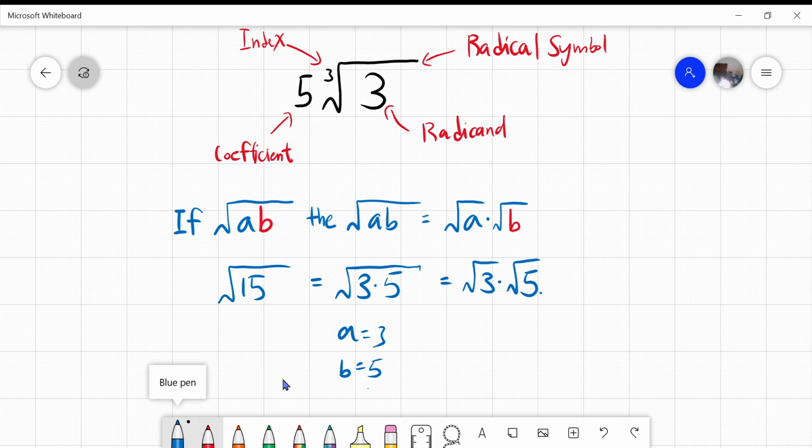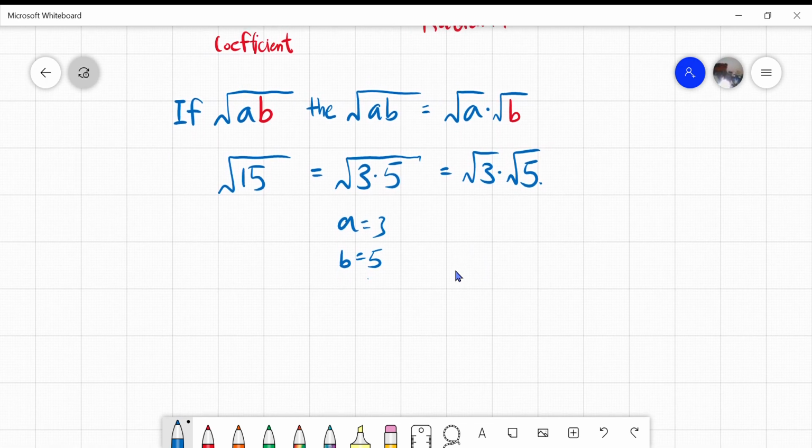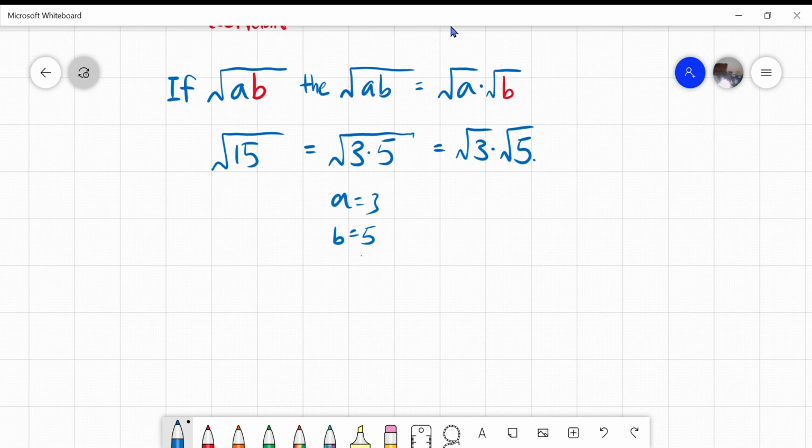Now, right now this is not really useful, right? I mean, 15 is not a perfect square. Therefore, the square root wouldn't be an integer, or wouldn't be a whole number, and same here.